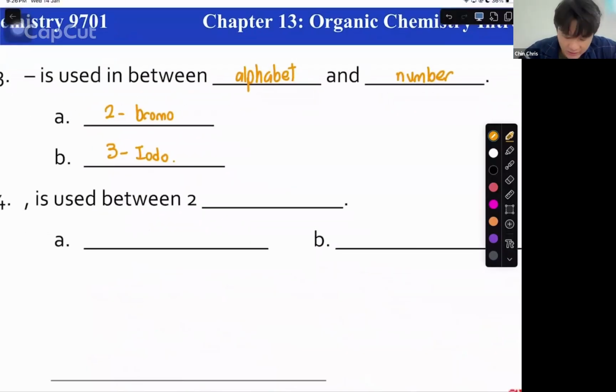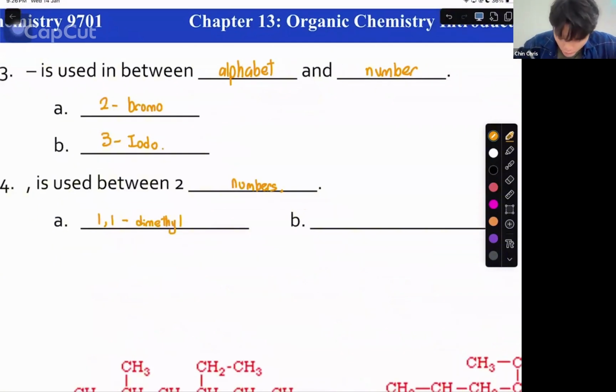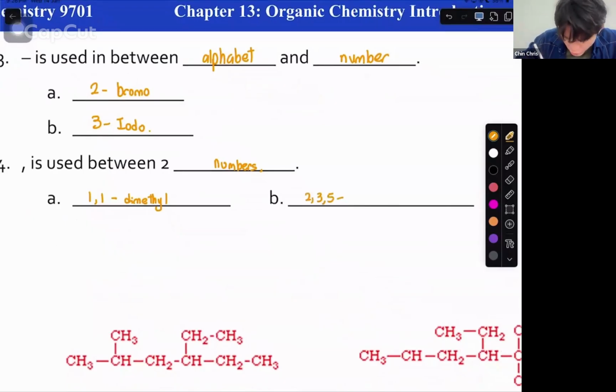A comma, on the other hand, is between two numbers. For example, we have 1,1-dimethyl, and 2,3,5-trichloro. That's it. Okay, all good.